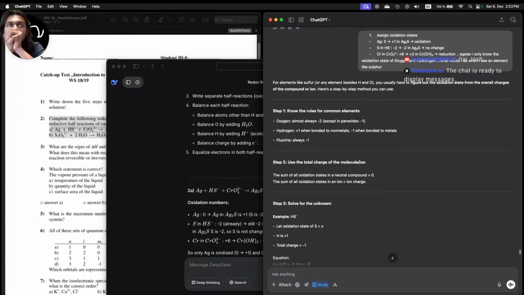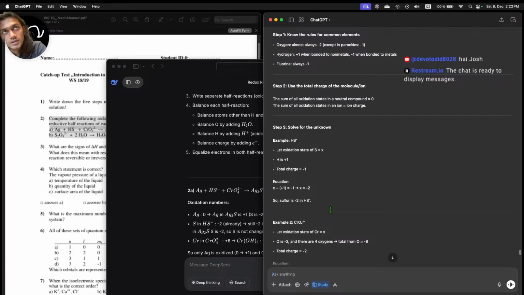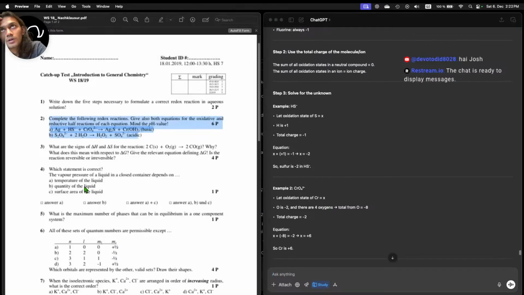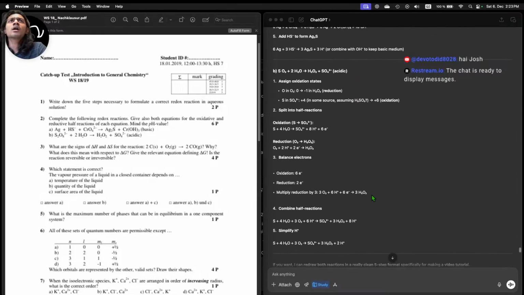Sum of all oxidation states in a neutral compound. Example, HS. Let the oxidation state of S equal S. Okay. -2. So you found this.